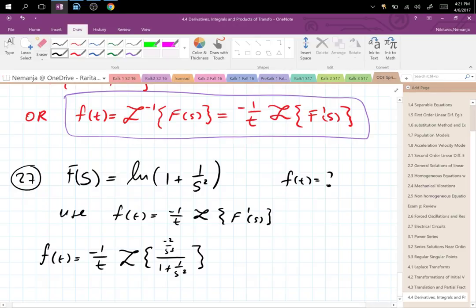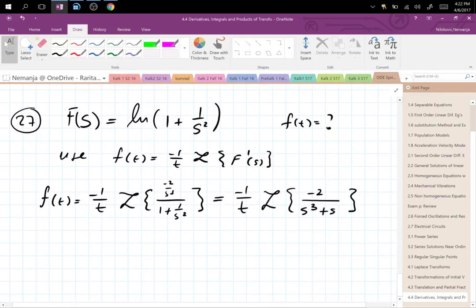Is that true? Because the derivative of 1 is 0, and the derivative of s to the minus 2 is minus 2 s to the minus 3. Yes, okay. So this is negative 1 over t times the Laplace of, now multiply by s cubed, so that's negative 2 divided by s cubed plus s.